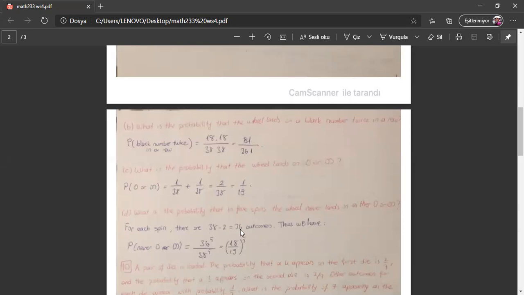So we have 36 outcomes in total for each spin. But remember we spin it 5 times, so we have 36 to the 5 outcomes that we desire, and in total 38 to the 5 outcomes. So we have this number.